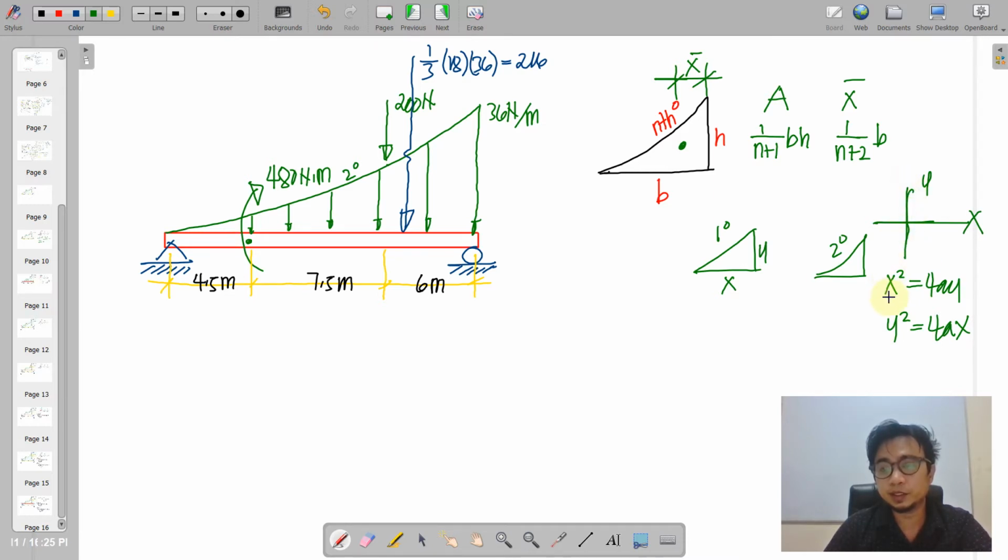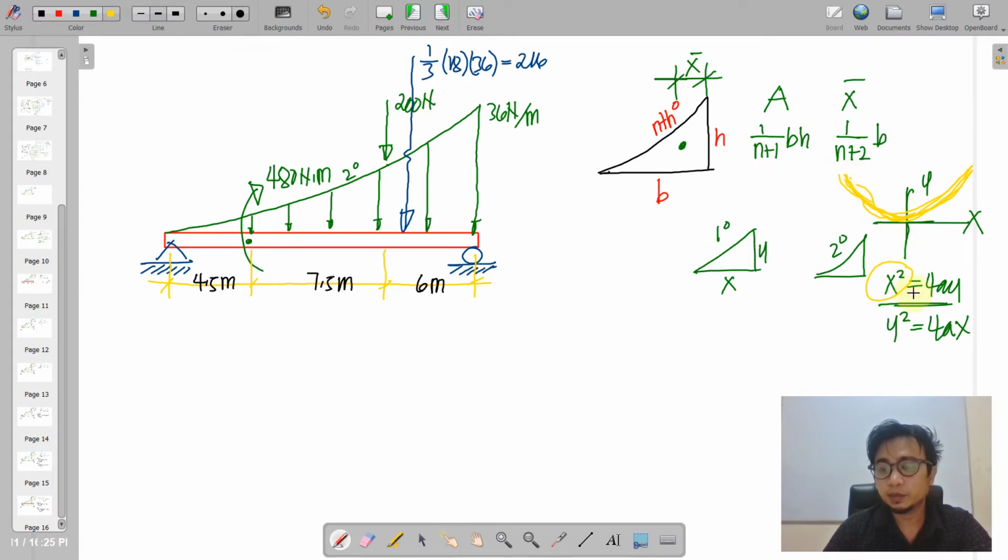If this is the equation, we can see here that the squared variable is x, meaning this expression is bending along the x. So if we have a positive value here, this particular equation is a curve bending upwards.